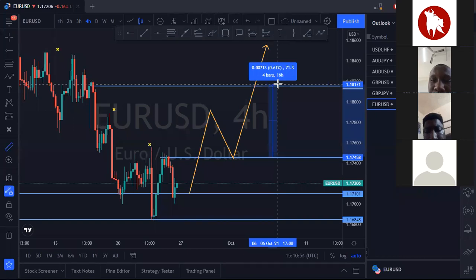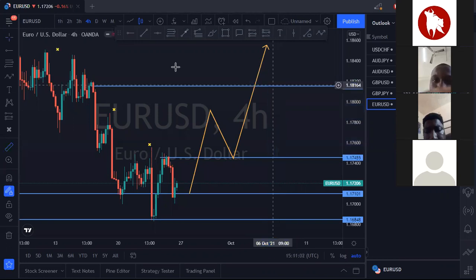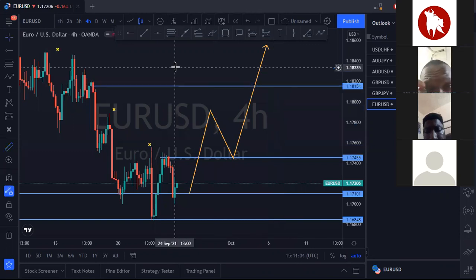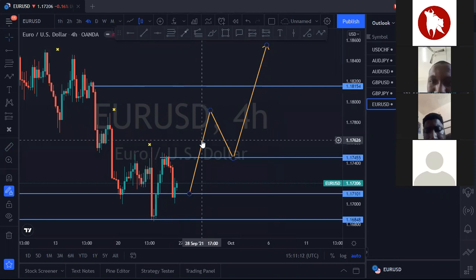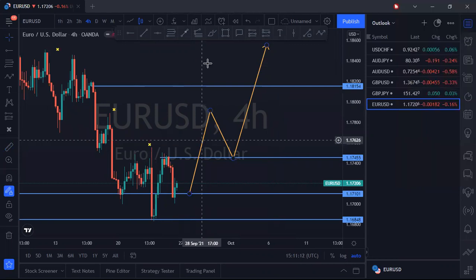Those of you in my channel, you know how we do it. I don't remember the last time posting a trade whereby the overall target was less than 40 or 50 pips. I always love to swing, and in as much as I love to swing, I always like to target a high number of pips.